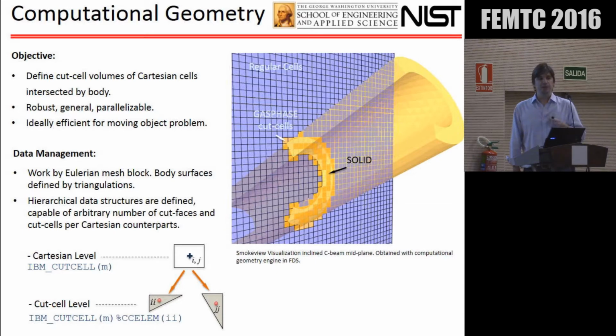And within each cell that is being crossed by the boundary, we can have, at a finer level, an arbitrary number of what are called cut cells, these polyhedra. So we have a Cartesian level and then a cut cell level on top of that. And that's what should come out from this computational geometry engine, in order to do discretization and solve our evolution equations.